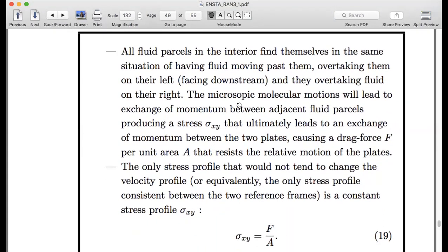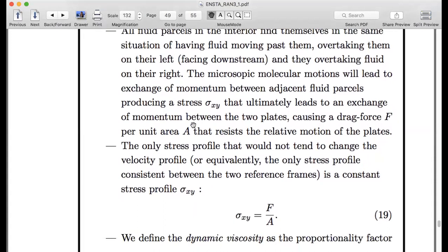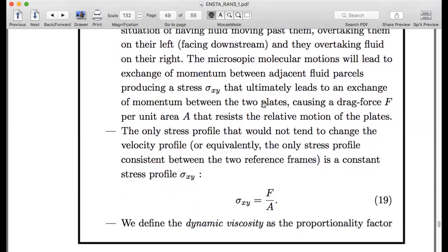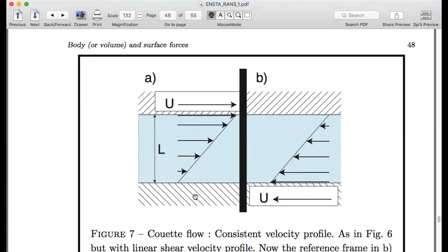So we anticipate there will be these microscopic molecular motions that exchange momentum across the fluid parcels and cause a stress that ultimately leads to an exchange of momentum between the plates. So if this is a viscous fluid, this lower plate will somehow exchange momentum with this upper plate.